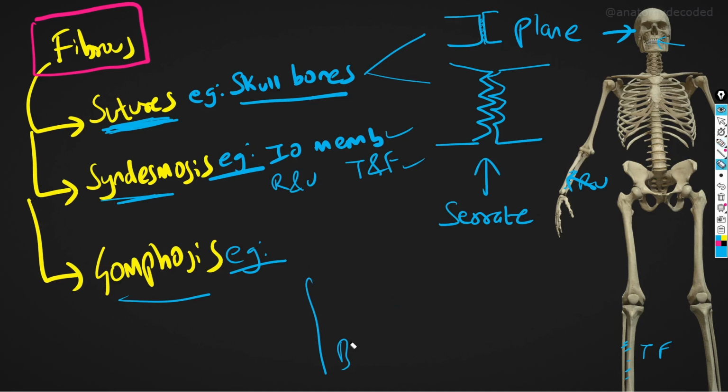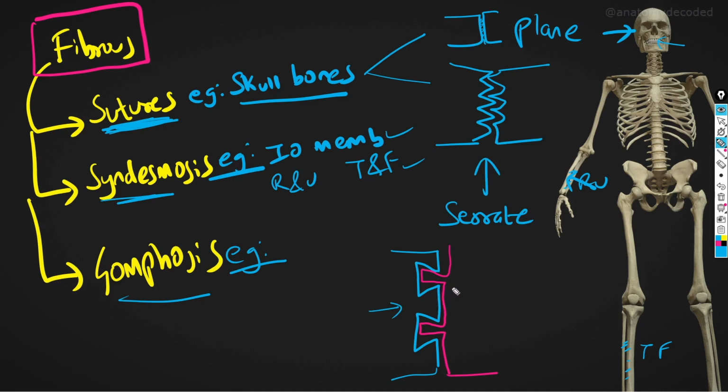Then if there is an articulating surface like this, one surface is like this, another surface is like this. How does it look? On both sides, these projections are tooth-like projections.